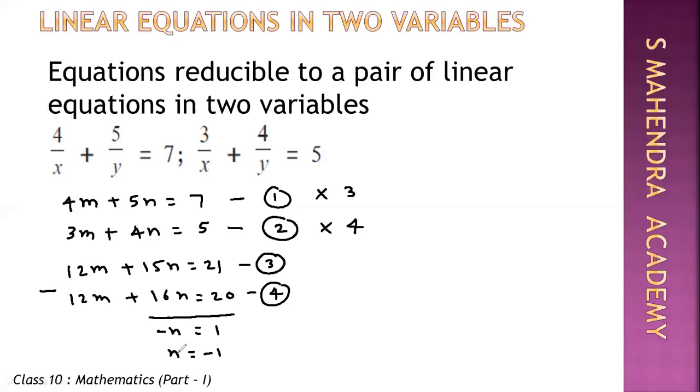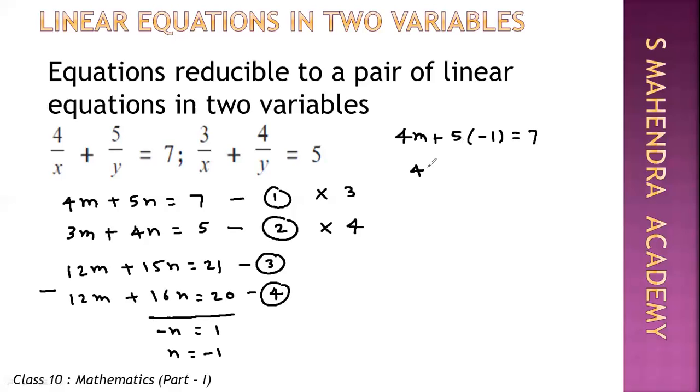Now we will substitute the value of variable n in equation number 1, and we will get 4m plus 5 into the value of n, which we substitute as minus 1, is equal to 7.